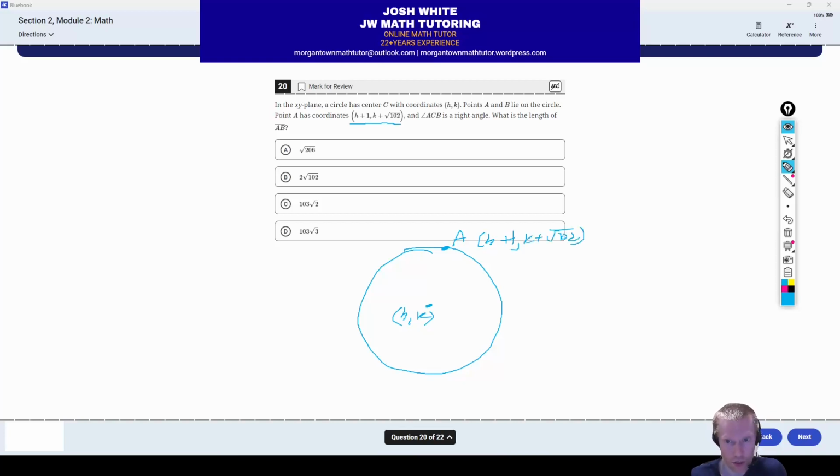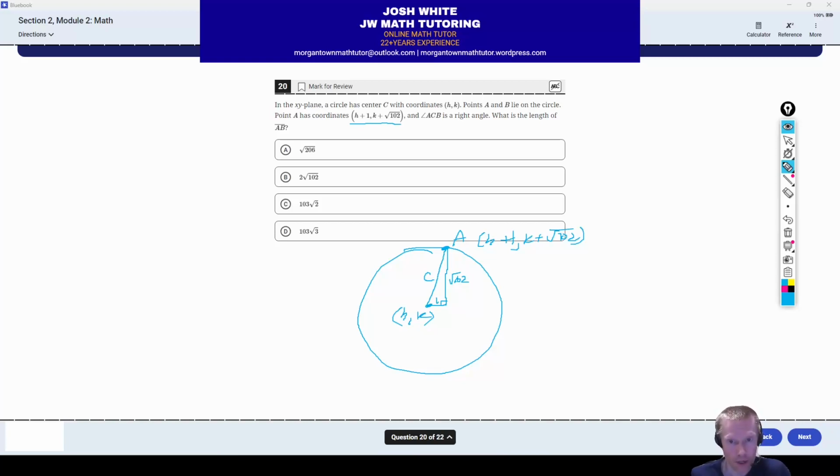Now, where we use that is for drawing a right triangle. So if I go 1 unit to the right, and then I go up the square root of 102 units, notice now I can make a right triangle. And the hypotenuse in this right triangle is this line segment here. I'm going to call this C, which is also a radius of the circle.